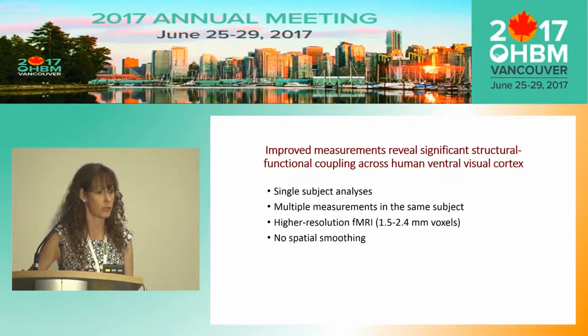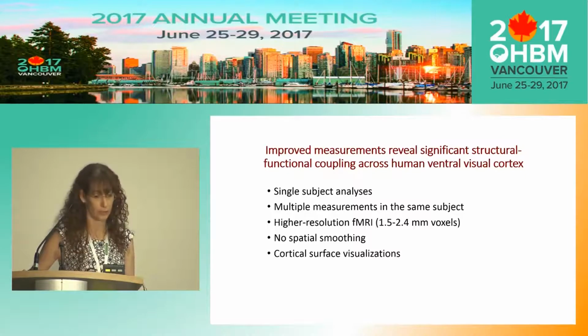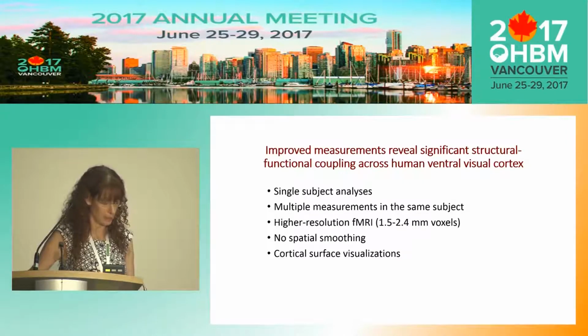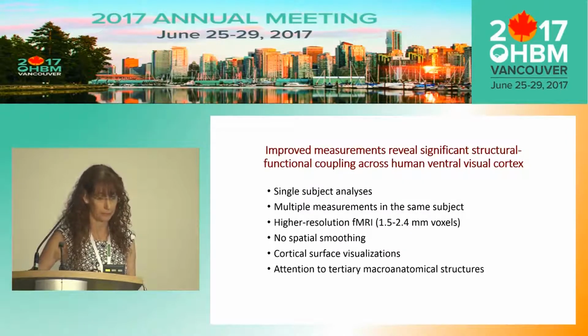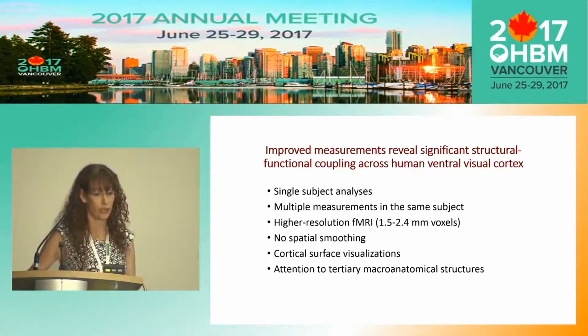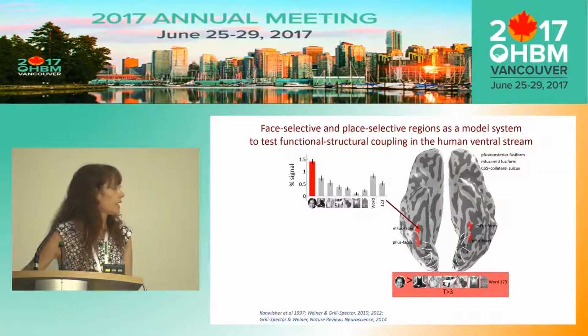We do not spatially smooth the data. We use cortical surface visualization. And all of these together improve our measurements and enable us to see these couplings. And also, I will talk about macroanatomical structures, and especially tertiary macroanatomical structures.